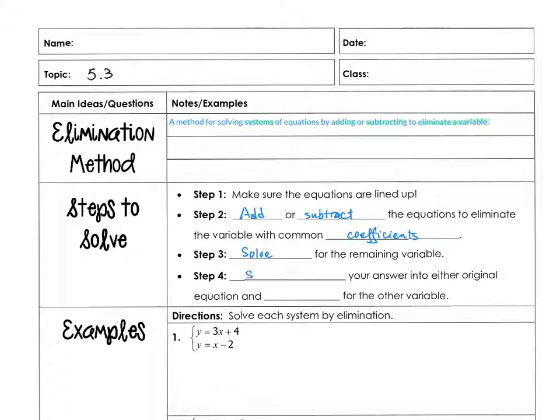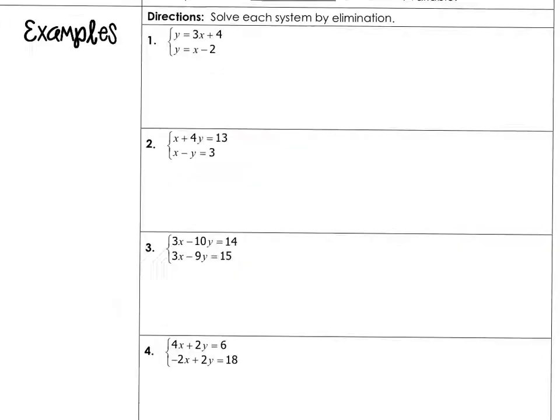And after that, we substitute. We've used this word very often. We substitute your answer into one of the original equations and then solve for the other variable. Let's look at example number 1.